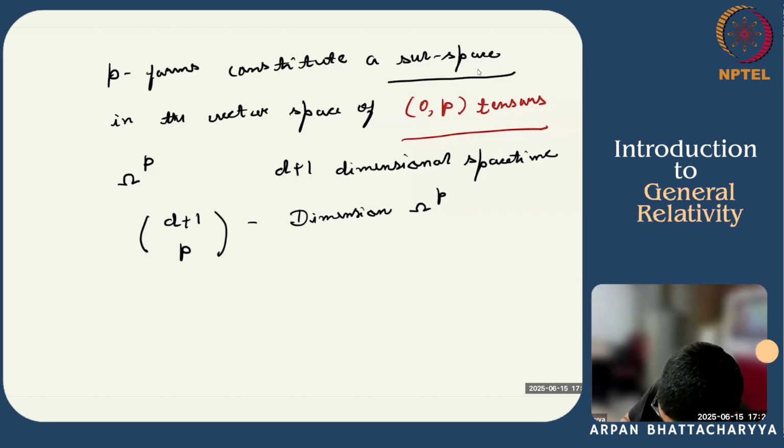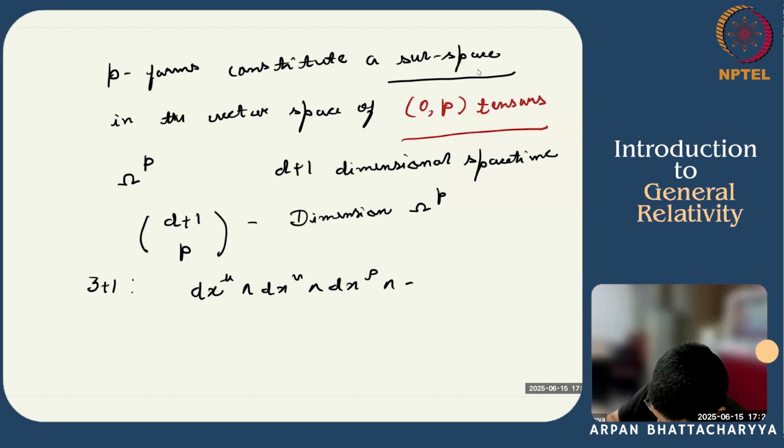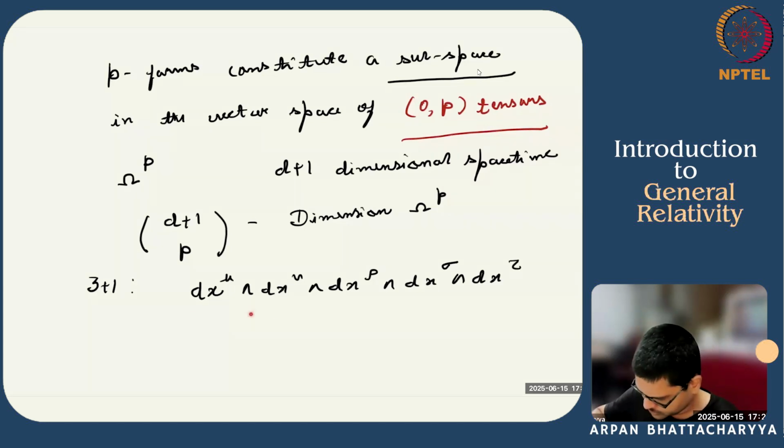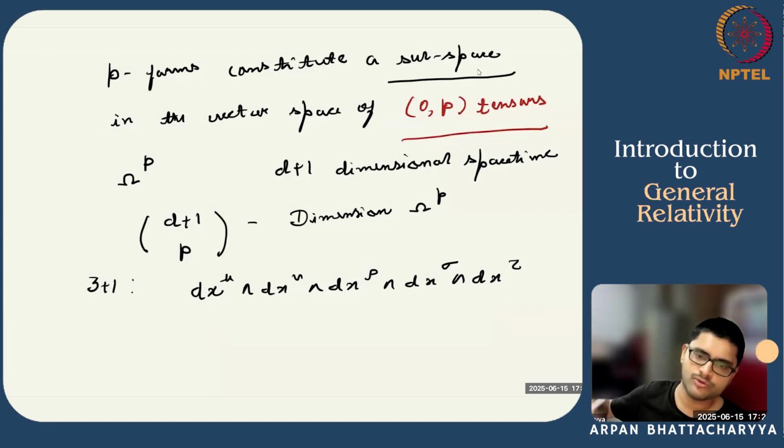For example, in 3+1 dimension, if you try to write down a 5 form, which takes, let's say, the basis of this, right? So the 5 form will have a basis of this form, but you know each of these mu, nu, rho, sigma, tau indices takes only 4 values, 0, 1, 2, 3. But this is totally antisymmetric.